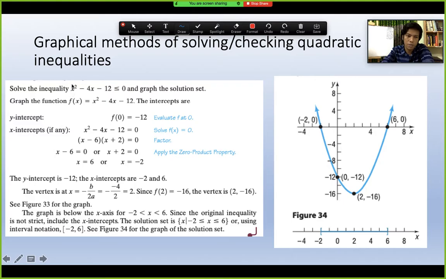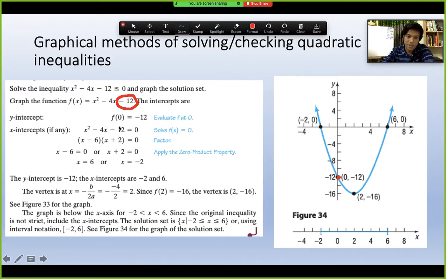Think about our function x squared minus 4x minus 12. If this equals 0, then factor it. We have learned how to factor quadratic functions in our previous lessons, in a couple of lessons actually, not in one. First of all, you notice that our y-intercept is minus 12.